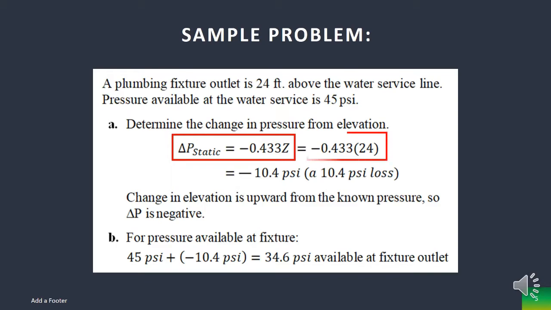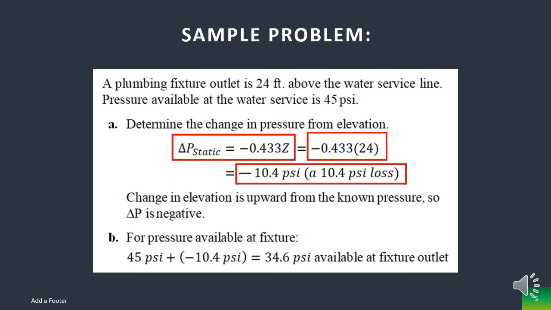Next is to substitute z with 24. So negative 0.433 times 24 will equal negative 10.4 psi, which is a negative value, so it means it's a 10.4 psi loss. Change in elevation is upward from the known pressure, so delta P is negative.